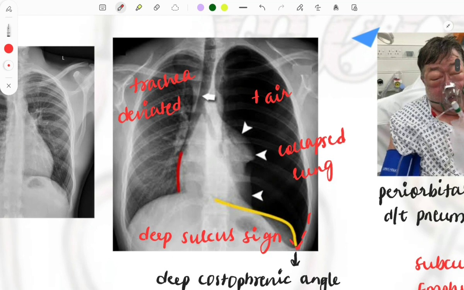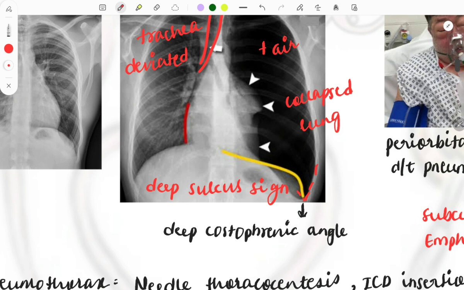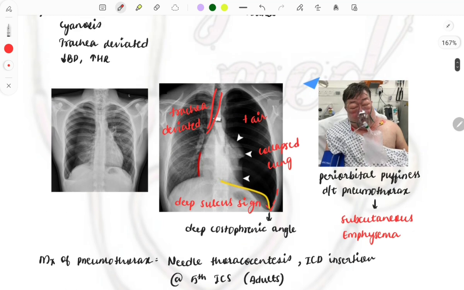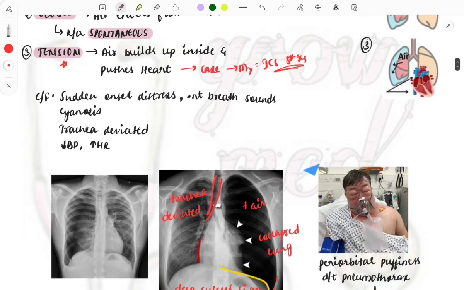The other findings you can see are more blackening, which is the air, the lung collapsed, the trachea deviated, and the deep sulcus sign seen at the costophrenic angle. These are the important findings of pneumothorax.